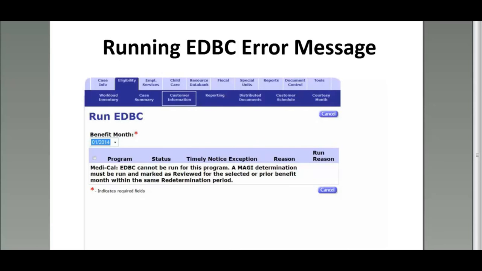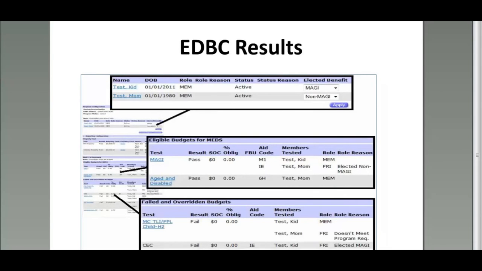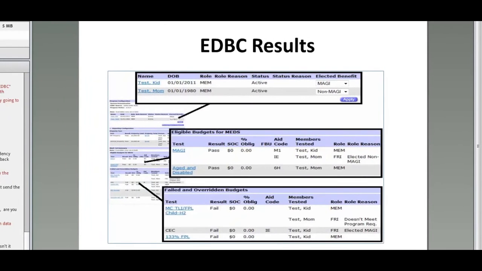I have this slide in front of us that says EDBC results. It's been broken into 3 parts. In the first part, this is the MAGI results. We have kid test and mom test. You can see under a new field, elected benefits. You may have instances where you would have a mixed household.